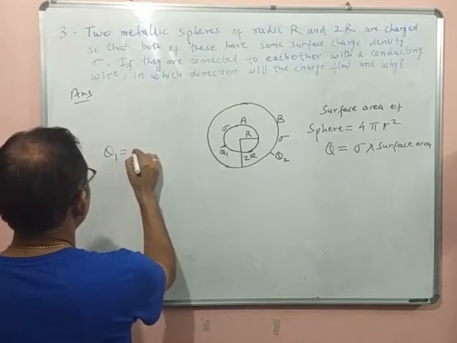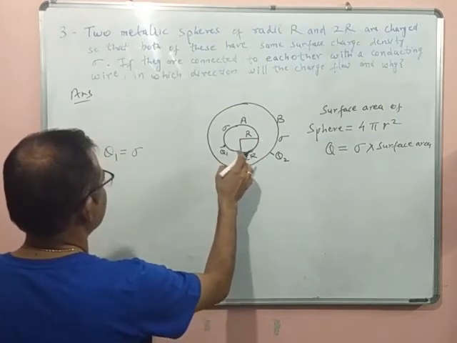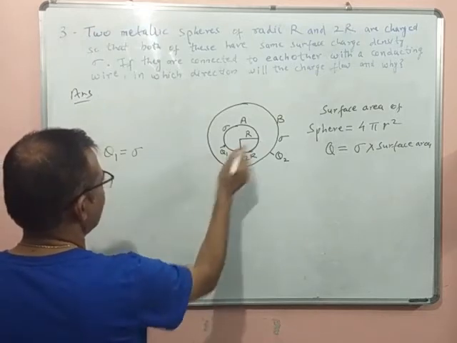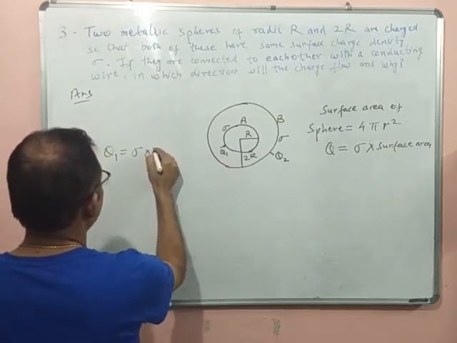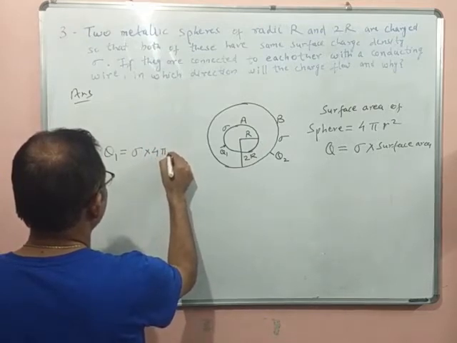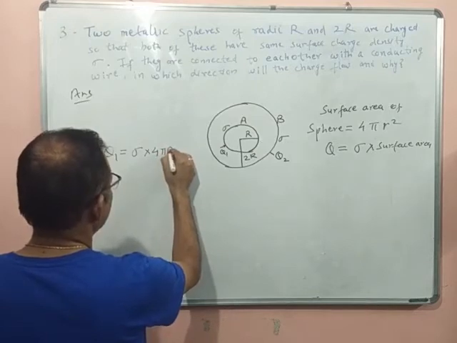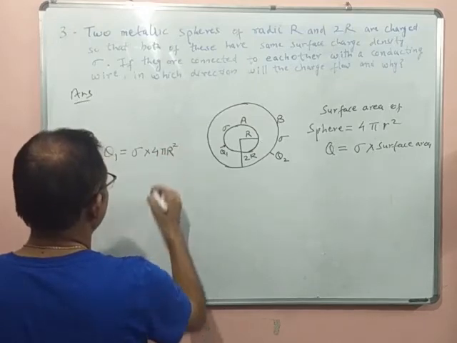So let us calculate the first charge Q1. Q1 is equal to sigma into 4 pi r square.